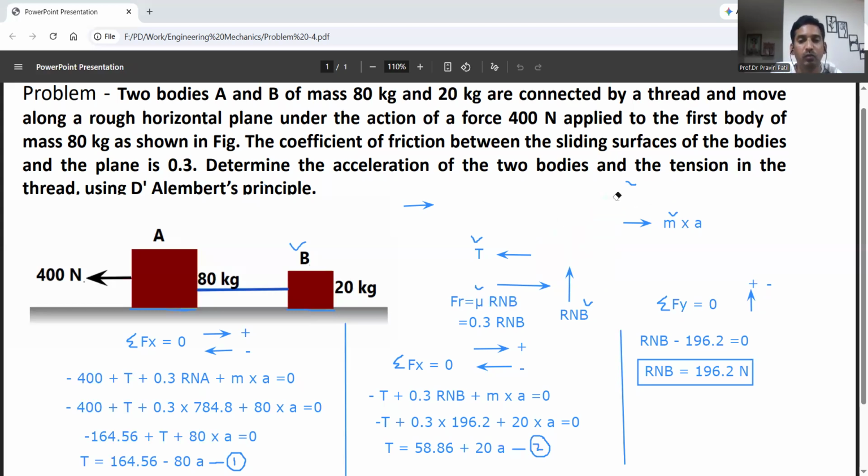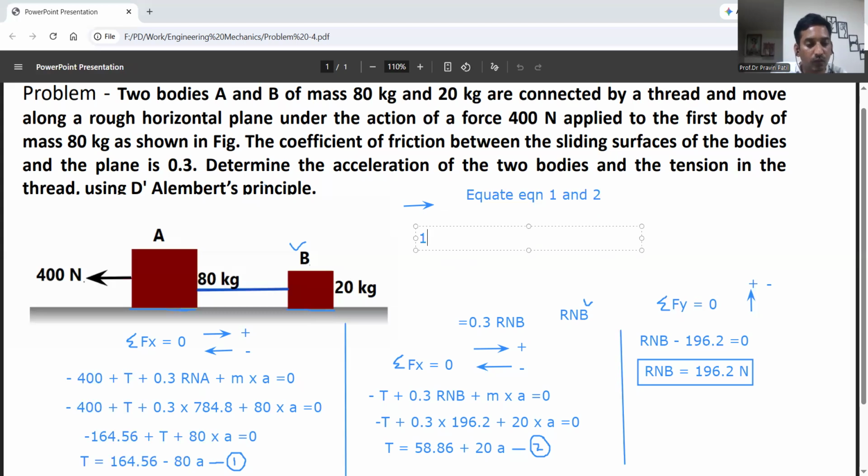Equation 1 is 164.56 minus 80a, and equation 2 is 58.86 plus 20a.